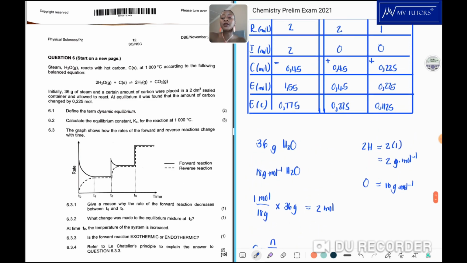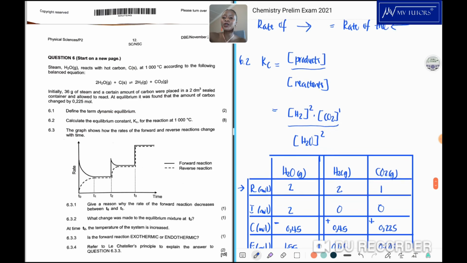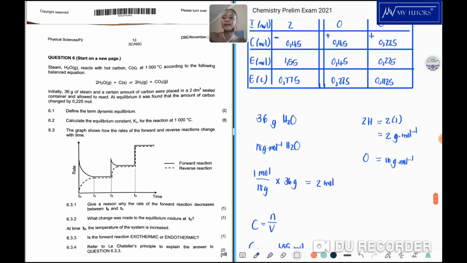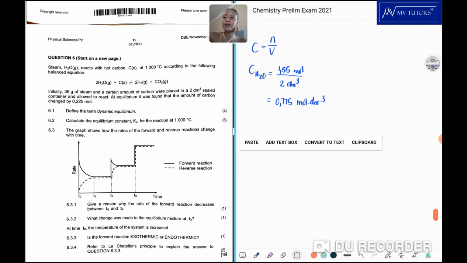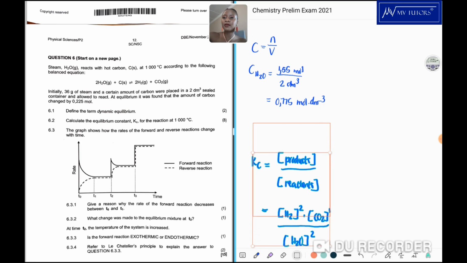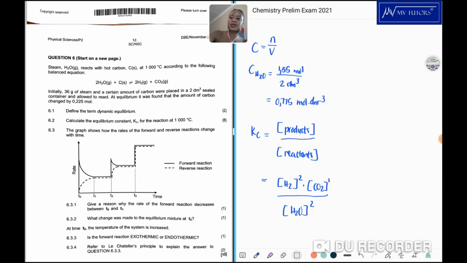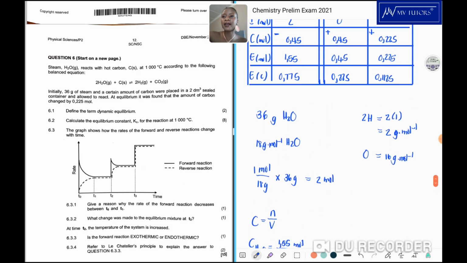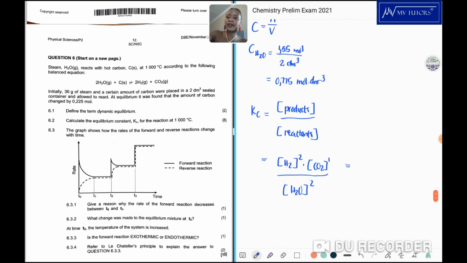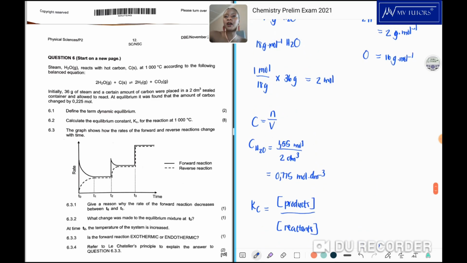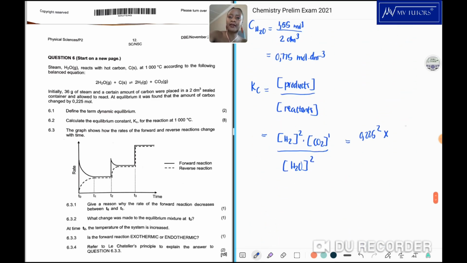We now have our concentrations and we can substitute them in this formula over here. So I am going to copy and paste it below and then we'll fill it up. For hydrogen, we have 0.225 to the power 2. For carbon dioxide, we have 0.1125.